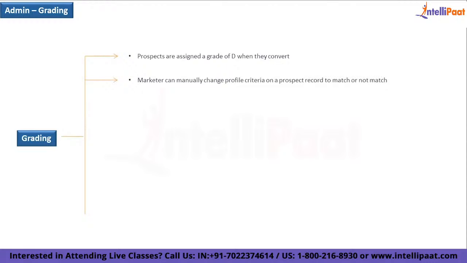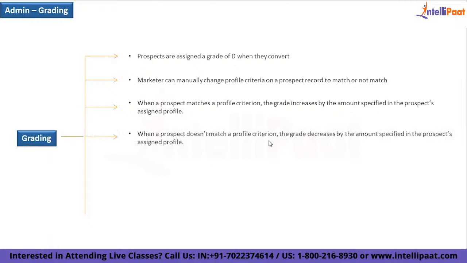As a marketer or as a user, you can always change the profile criteria on the prospects. When I'm saying profile criteria, this is our ideal criteria. When a prospect matches your ideal criteria, their grade automatically increases, and when they don't match, the grade automatically decreases. That's what it indicates.